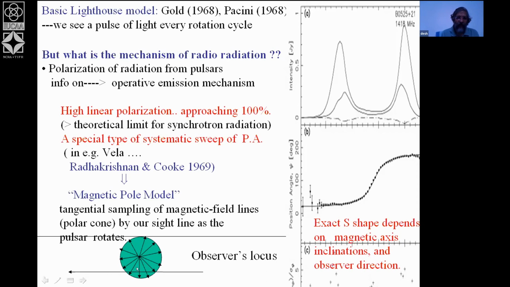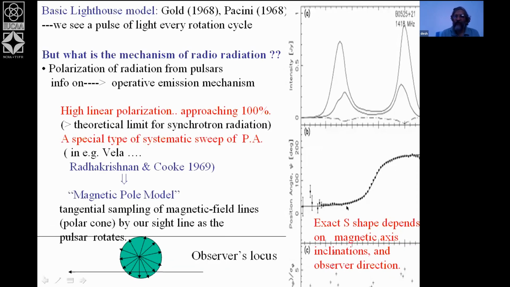And you will find the orientation of this magnetic field will in projection look like spokes on a wheel, if one is looking down the pole direction. And that helped Radhakrishnan and Cook to propose the magnetic pole model. And that's what we now believe as the region of radiation, where the radiation is produced along the magnetic cones of these compact stars.